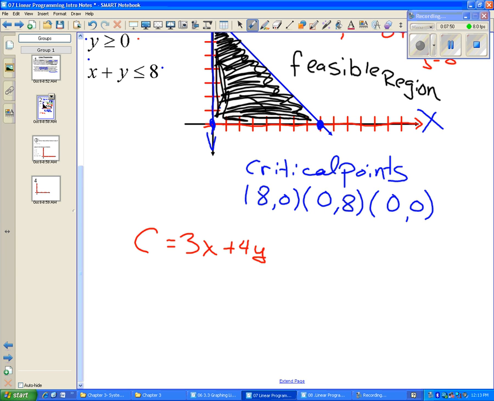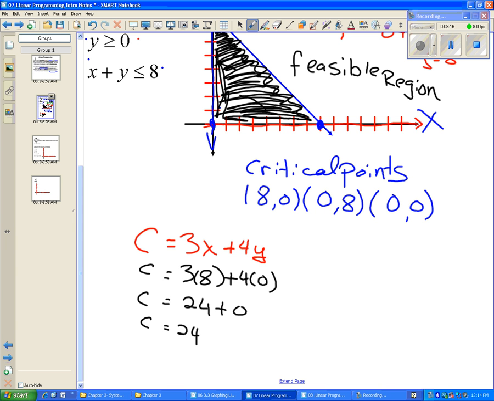That'll find the maximum and minimum of the entire region. So try the first one. I have 3 times 8 plus 4 times 0, which is equal to 24 plus 0, which is equal to 24. My first C is 24. That's one of my points.